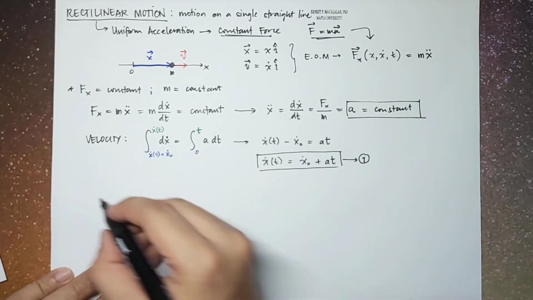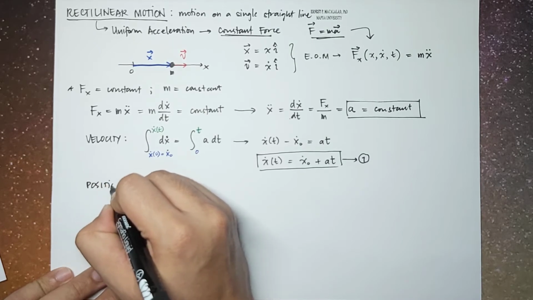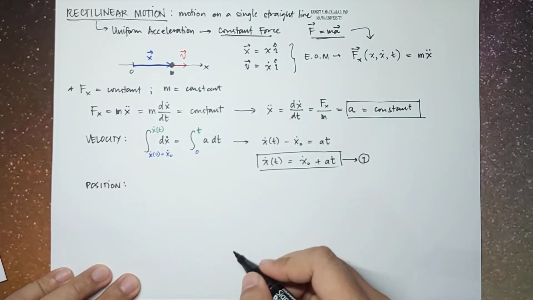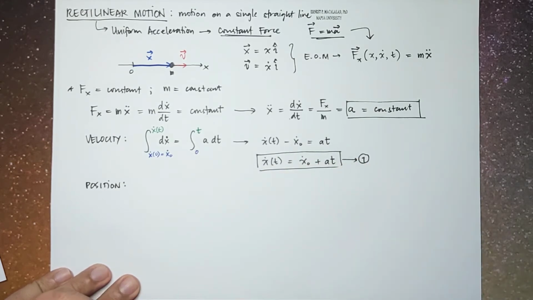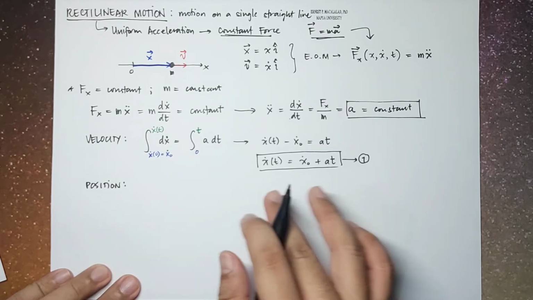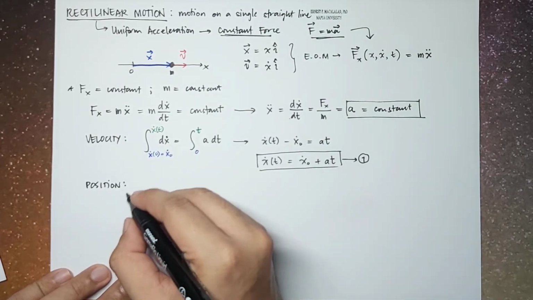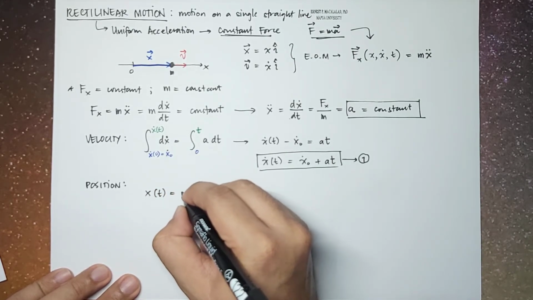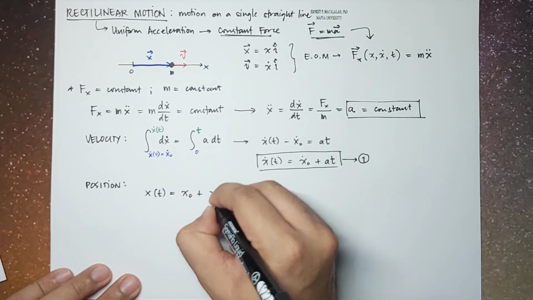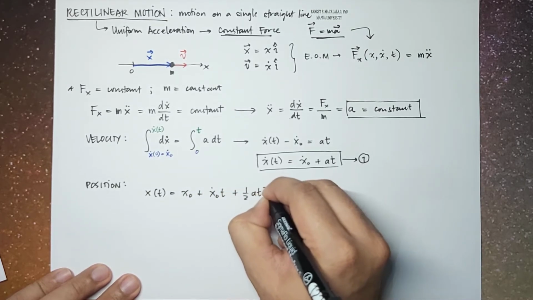Now, similarly, we can calculate the position function of your particle by again integrating this directly with respect to time. When you integrate this, this becomes x as a function of time, which is equal to x naught plus x dot naught t plus 1/2 a t squared.